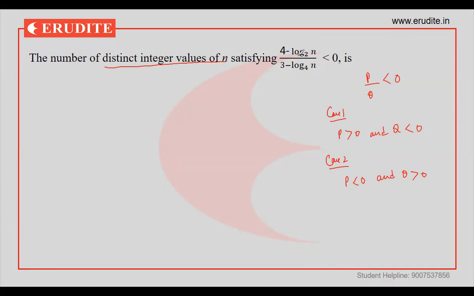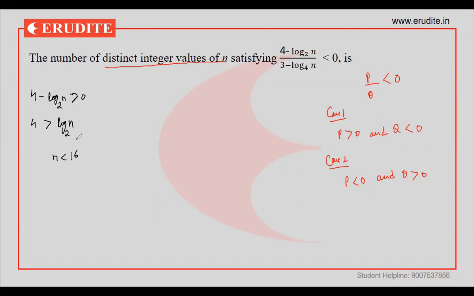So p is nothing but 4 minus log 2n. It is greater than 0. If I take it greater than 0, I get that log 2n is less than 4. So from here, I can say that it is only possible when n is less than 16.